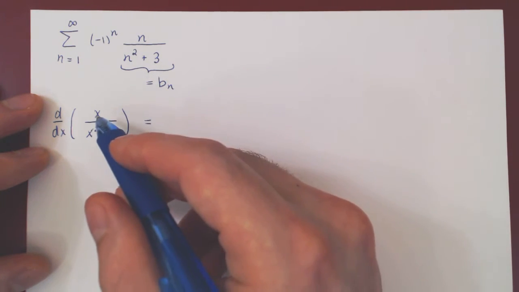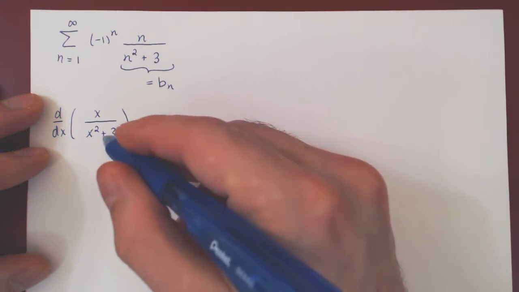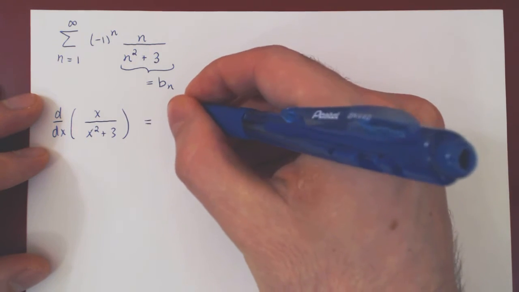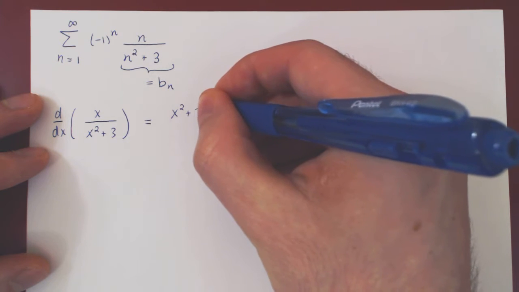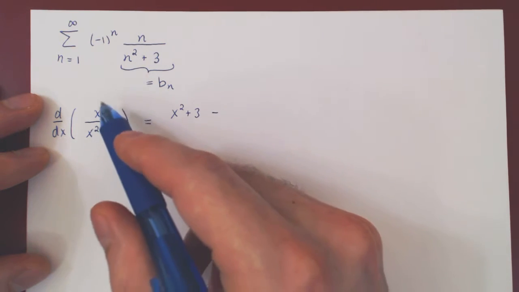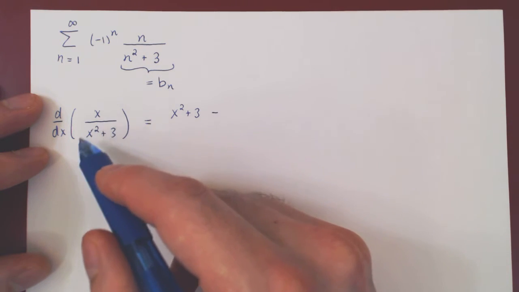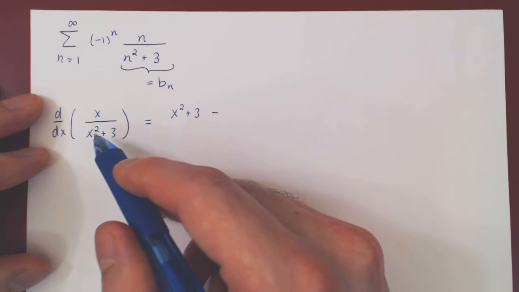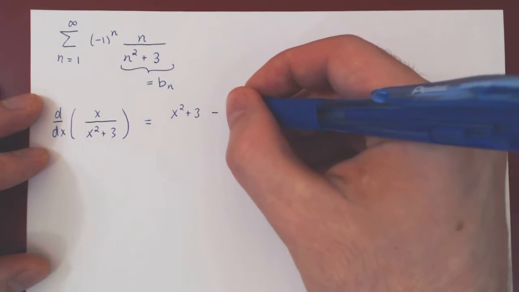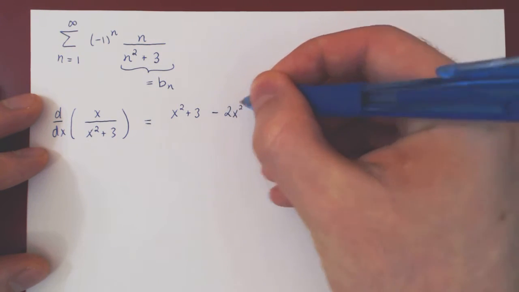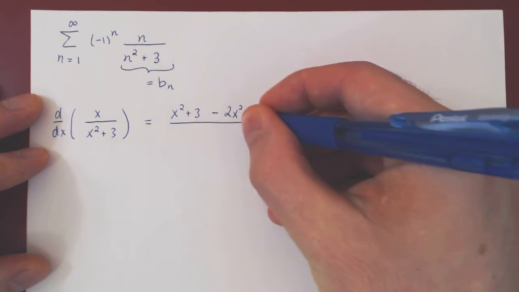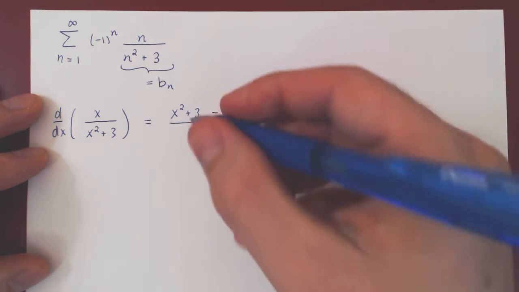So the quotient rule: derivative of x is 1 times x squared plus 3, so simply x squared plus 3, minus x times the derivative of x squared plus 3, which is 2x, so 2x times x, minus 2x squared, over, of course, our denominator all squared.